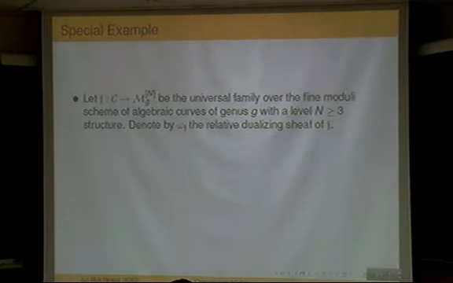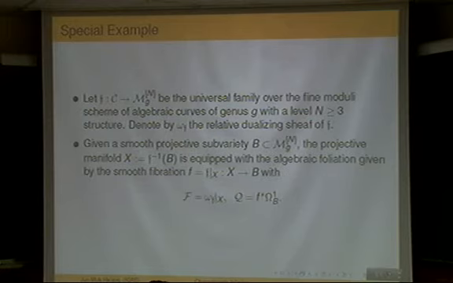So the example comes from the universal family of curves over a moduli space. So just to have a fine moduli space, we give some level structure. So we have a family of curves over the moduli of curves. And let's denote by omega F the relative dualizing sheaf of this family. Now choose a smooth projective subvariety inside the moduli of curves and consider its inverse image.